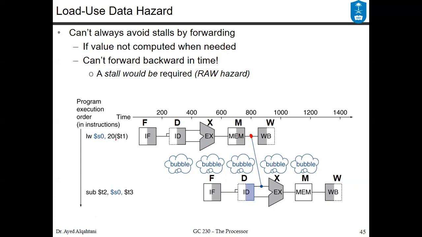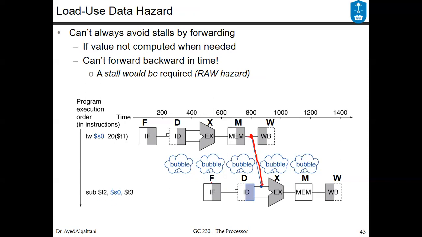You can access it right here after the memory, because for the load, you need to fetch, decode, execute, and after this, you access the memory. And now you can forward it to the execute stage of the second instruction.